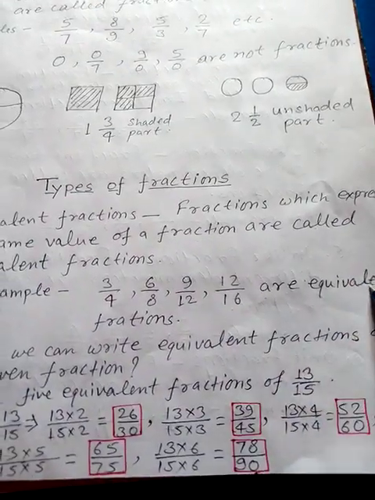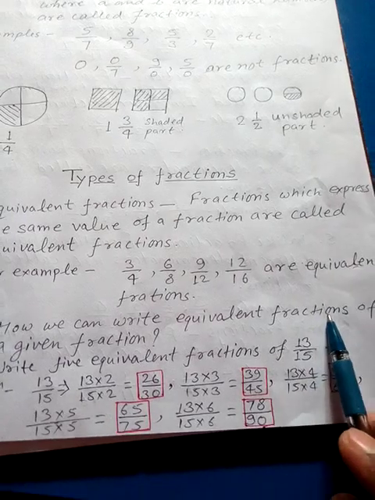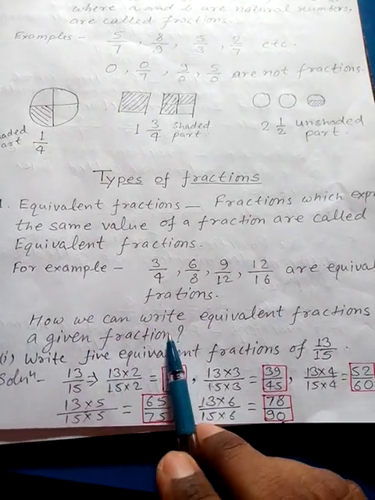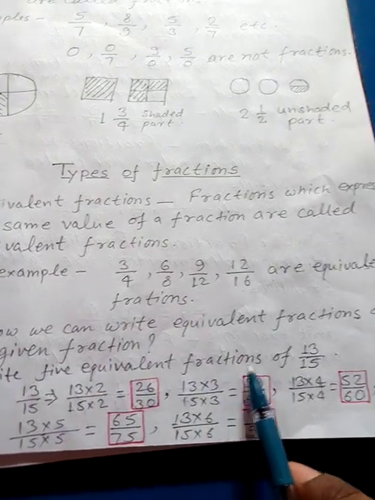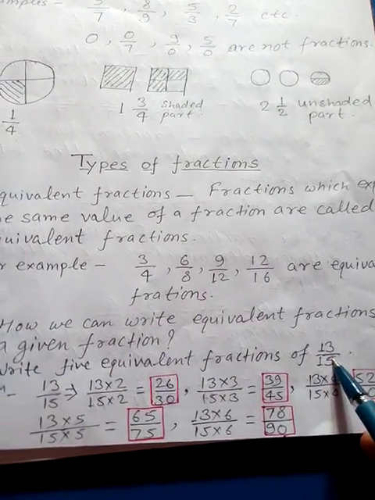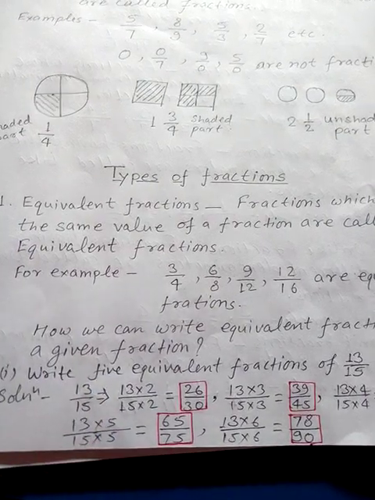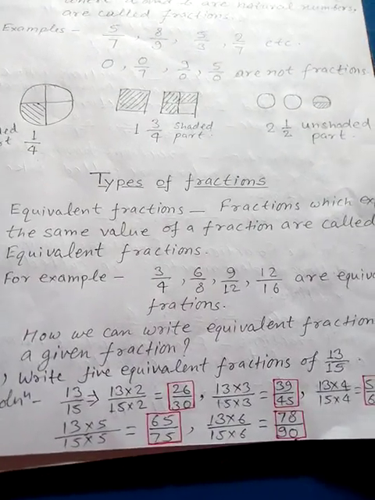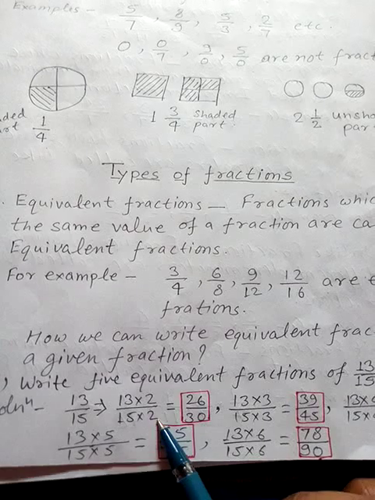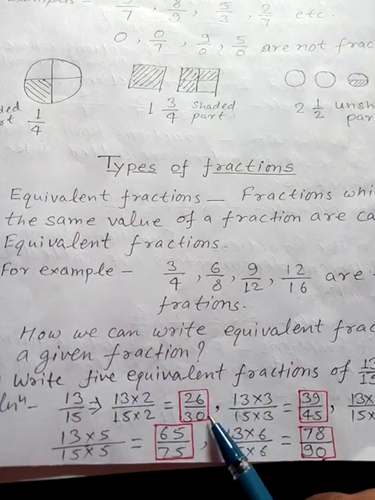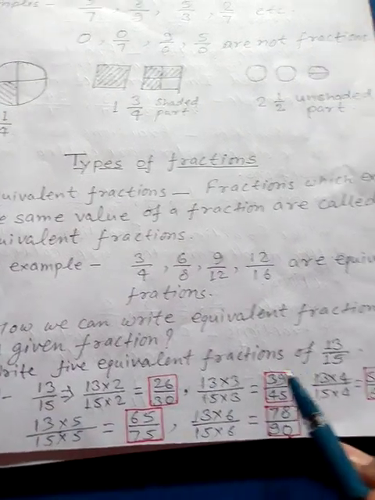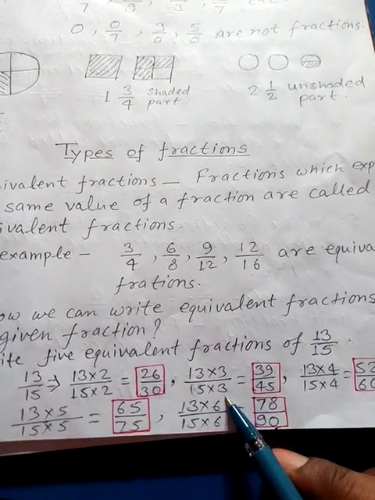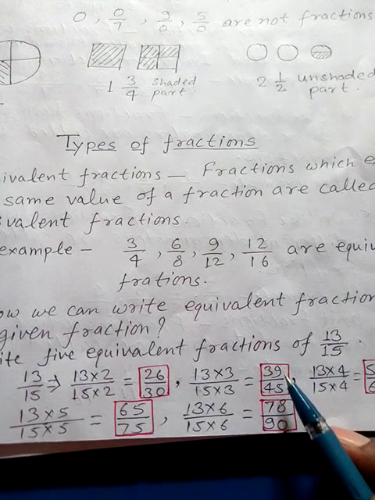These are equivalent fractions. How can we write equivalent fractions of a given fraction? Suppose you have to write 5 equivalent fractions of 13 by 15. You have to write first 13 by 15, the original number. If you multiply numerator and denominator by 2, you will get 26 by 30. This is an equivalent fraction. When you multiply by 3, you will get 39 by 45.